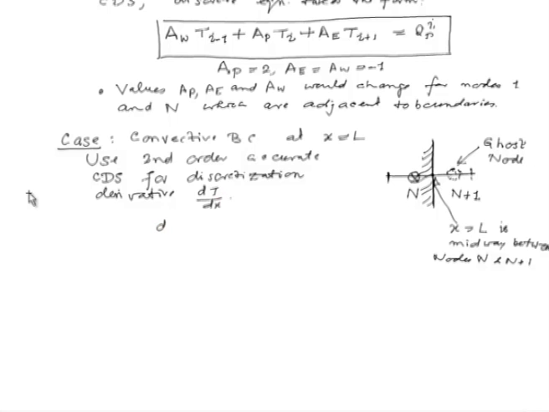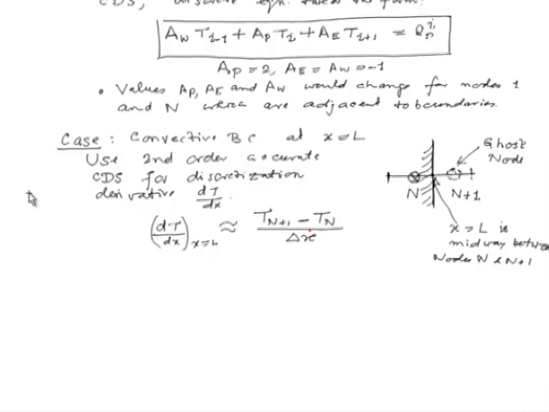So, what do we get? dT by dx at x is equal to L we can approximate as T of n plus 1 minus Tn divided by delta x, because the distance between nodes n and n plus 1 would be the same as our normal grid spacing delta x.